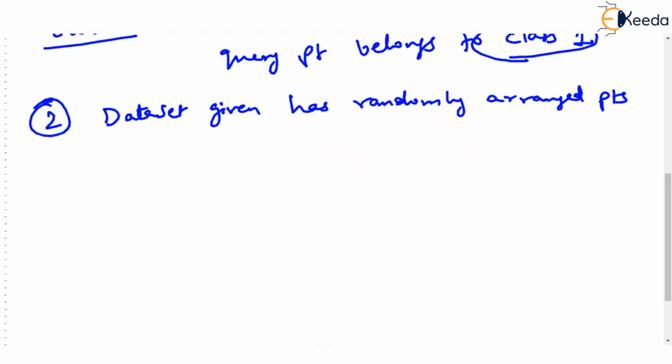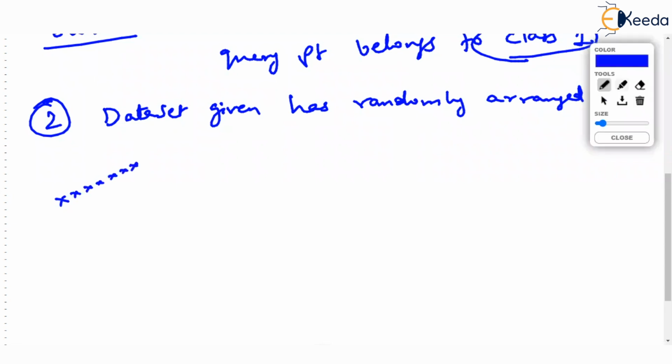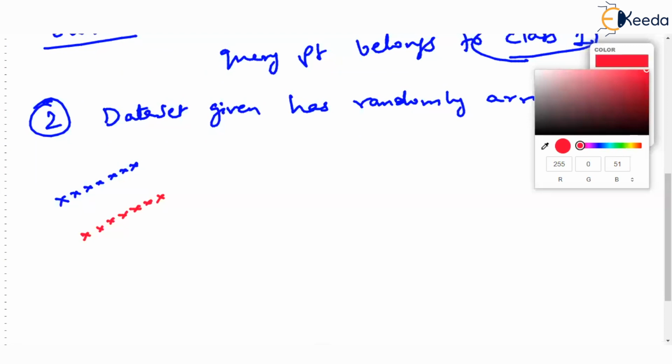Now you can see in all the previous cases how neatly I arranged positive points from negative points. So we said anything in this region is class 1, and anything in this region is class 0. But is it always that the data given will be so neat, that class 0 and class 1 are neatly separated?